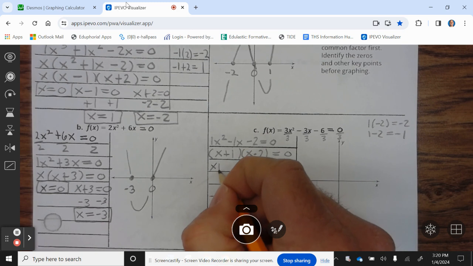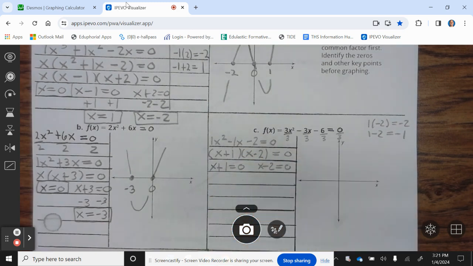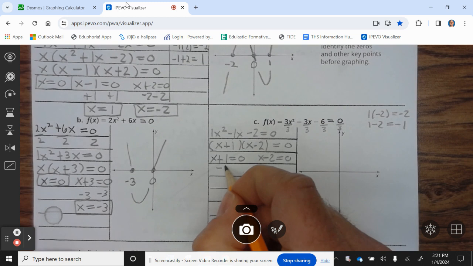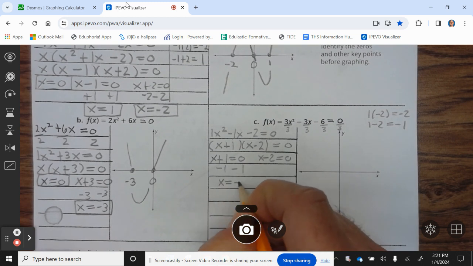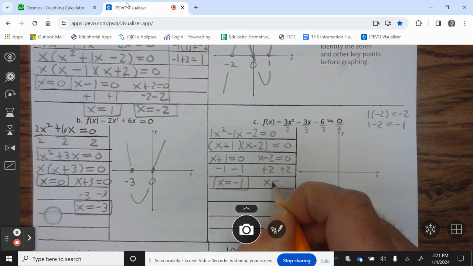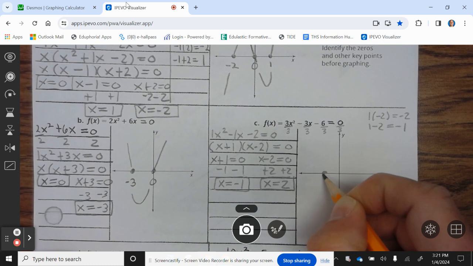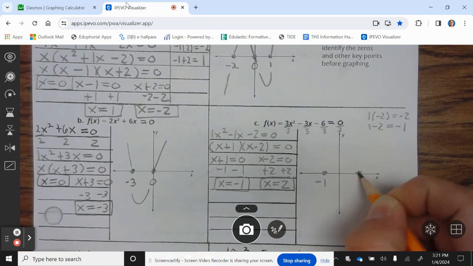So our factors are x plus 1, x minus 2. So x plus 1 equal to 0, x minus 2 equal to 0. Subtract 1 from both sides, x equals negative 1. Add 2 to both sides, x equals 2. So negative 1 and 2.